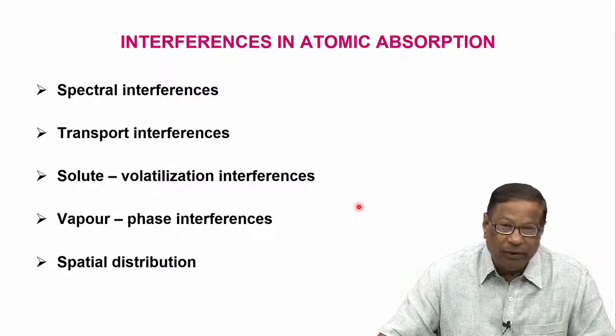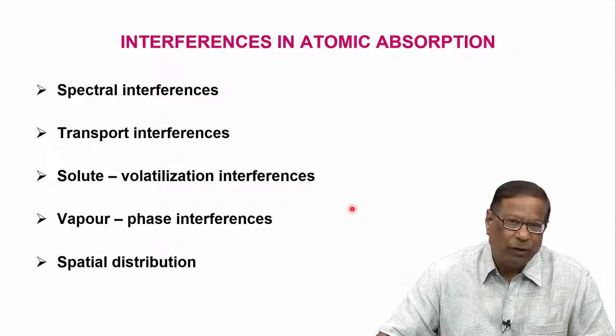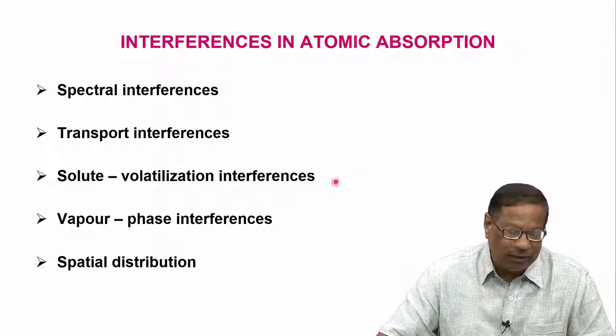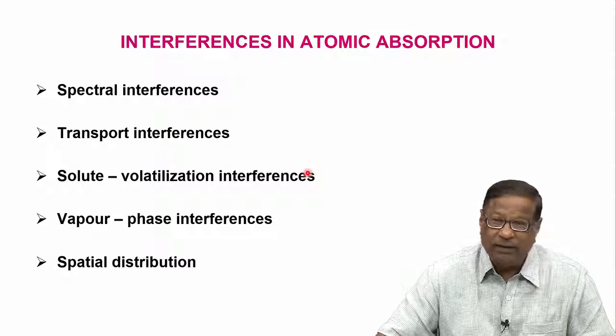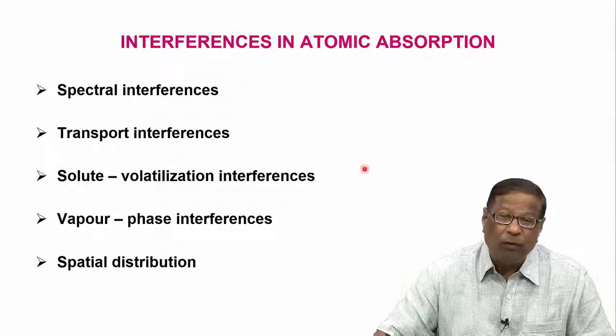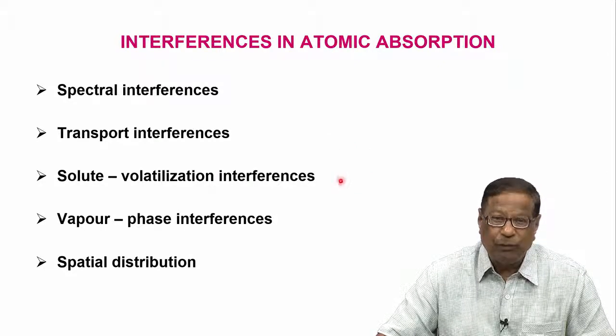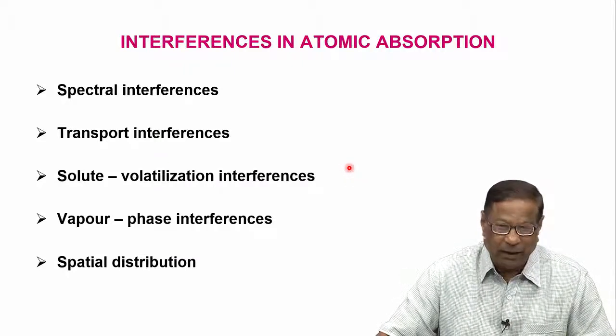Whenever we talk about atomic absorption, we talk of parts per million, and even if we go wrong at the parts per million level, it can cause significant changes. It may have profound effects if we report wrong results. So, we will discuss these a little further now.